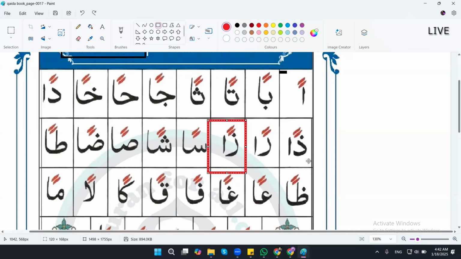No, one is zal and one is za. One is Za, the other is what? This is zal. The complete curve we have is like a C. Yes, that is zal. Okay, and this one is za.